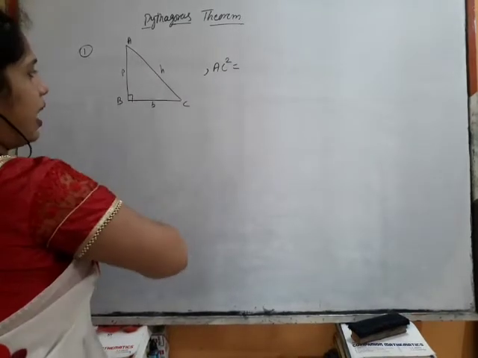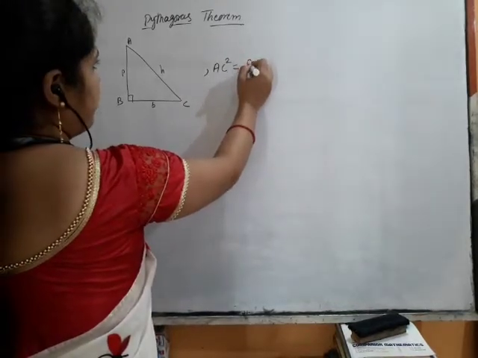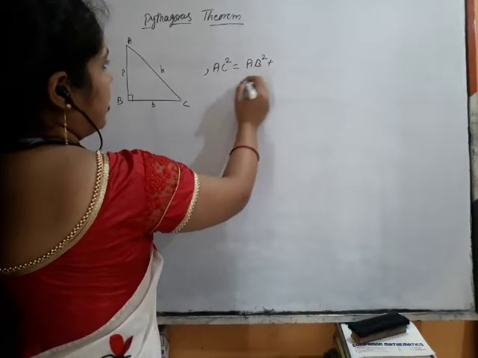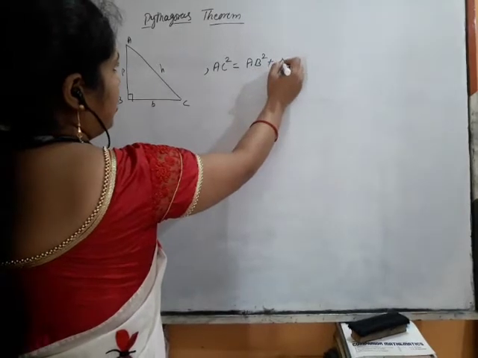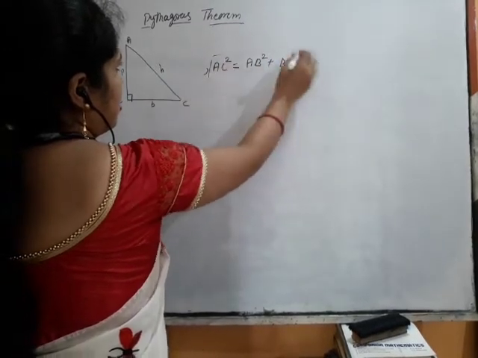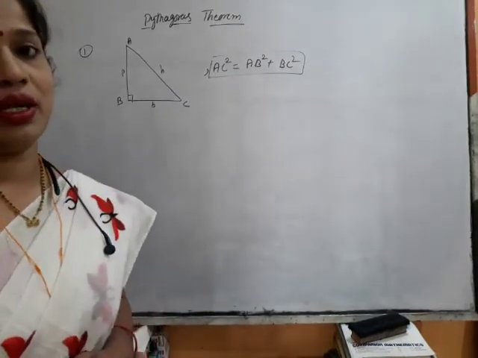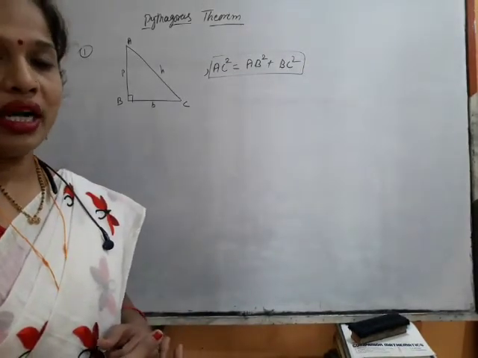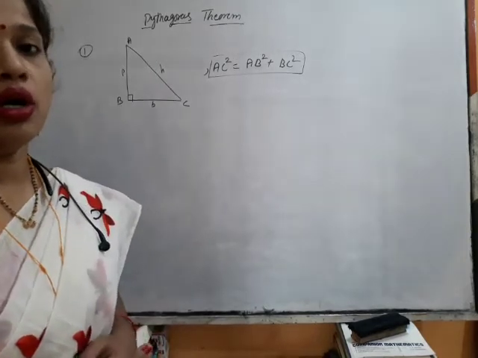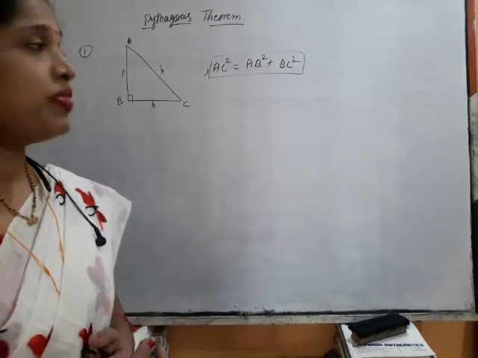So the square of the hypotenuse is equal to the sum of the squares of the perpendicular and the base. Now do you recall the statement? Very familiar statement. But the proof of it is there in your book. You can refer from there.